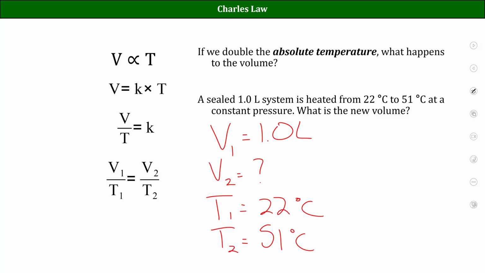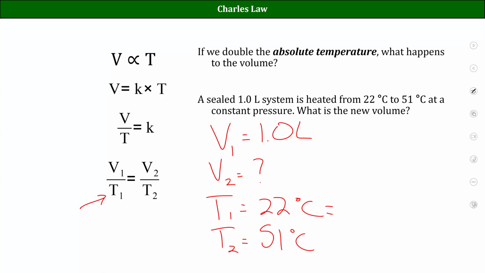The only tricky part about this equation is that the temperatures have to be in Kelvin for this to work. This equation only works if the line goes through the origin, like we talked about, so it has to be proportional, which means our temperatures have to be in Kelvin.